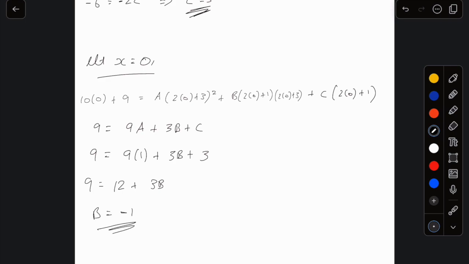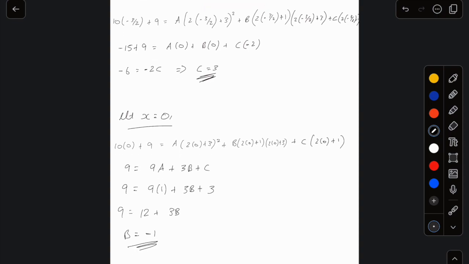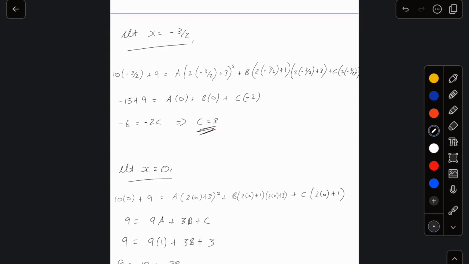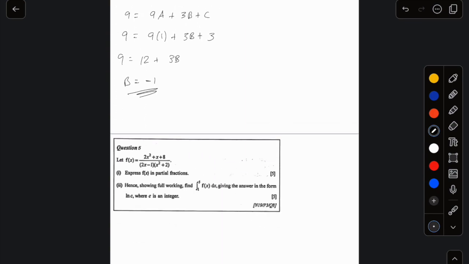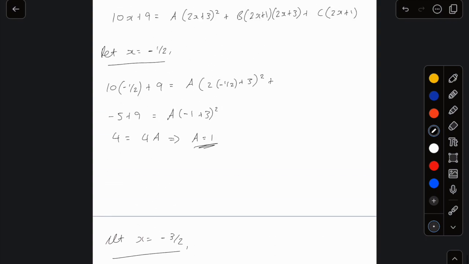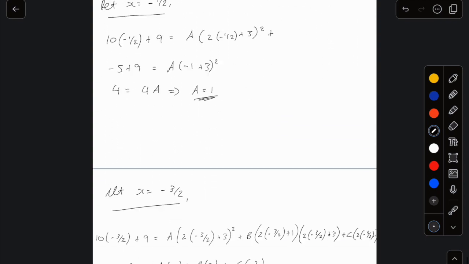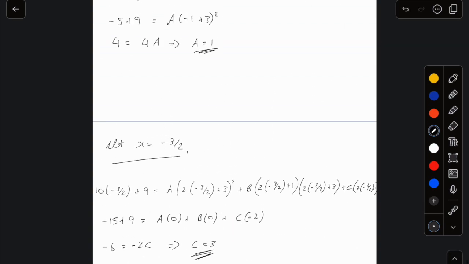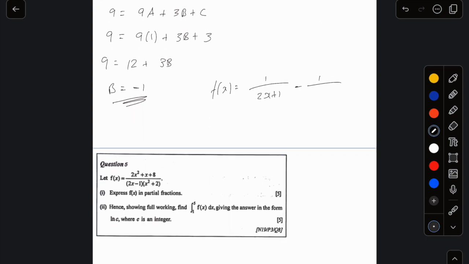Okay, guys. So therefore, what we can say is that f of x is going to equal 1 over 2x plus 1, because we've got a there. Okay, minus b. It's minus 1 over 2x plus 3.